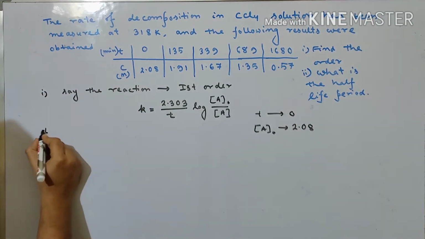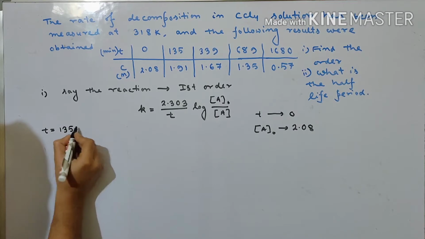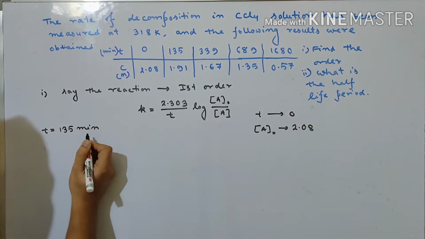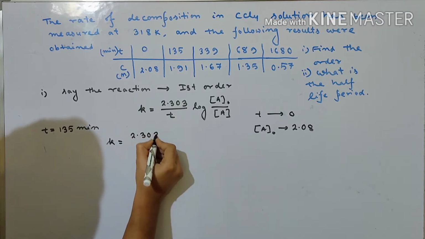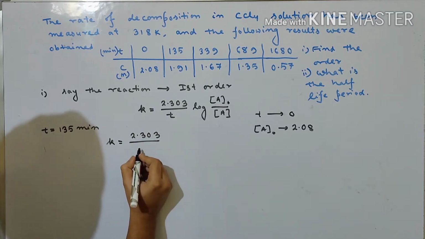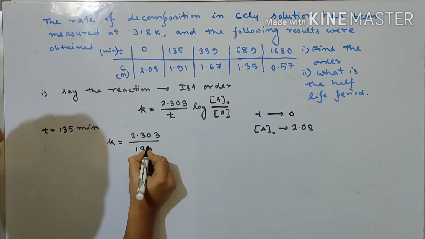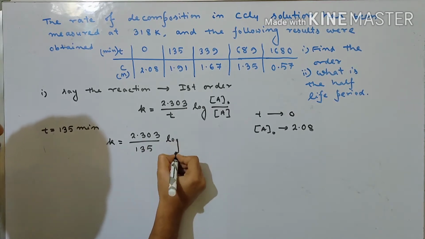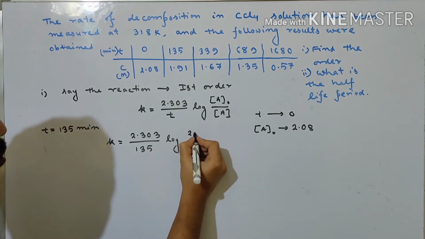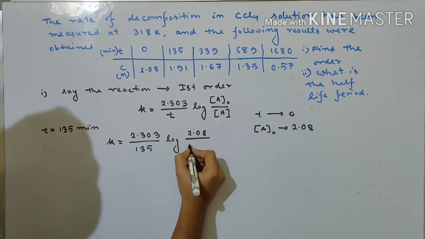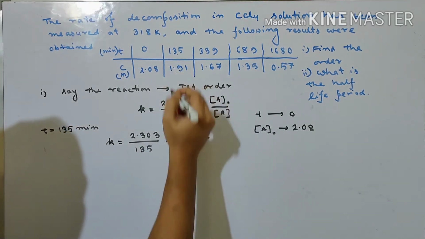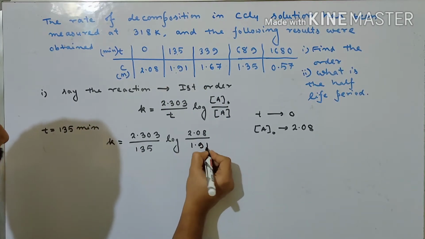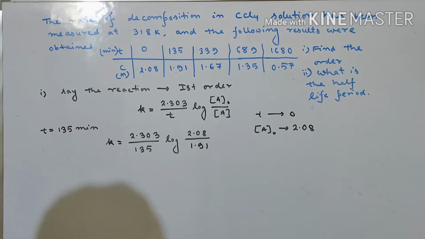So at T equal to 135 minutes, K is equal to 2.303 by 135 log of A0, 2.08, divided by A. At this point of time, what is the value of A? 1.91. This is the first case.